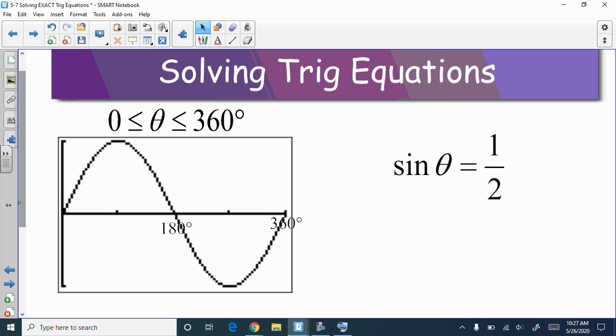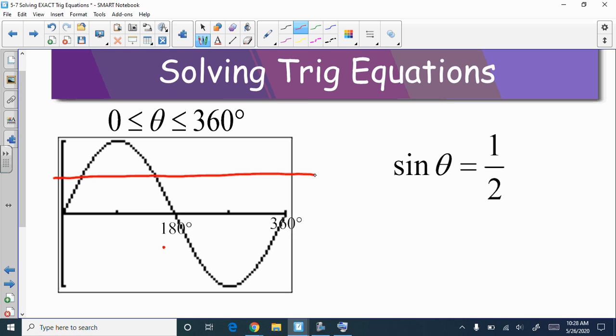And if we're looking on a domain of 0 to 360 degrees, and we had to solve for when sine of theta equals 1/2, I would hope that you could use your unit circle at this point to answer these questions.